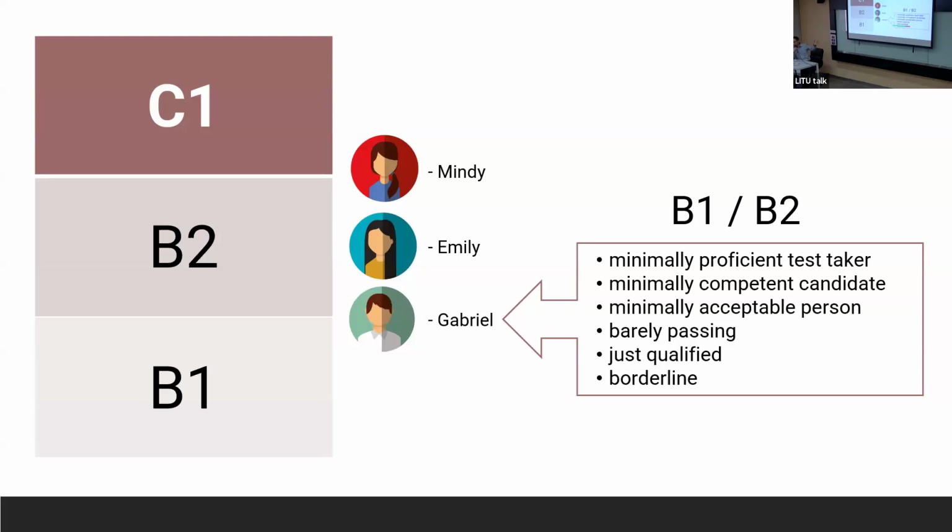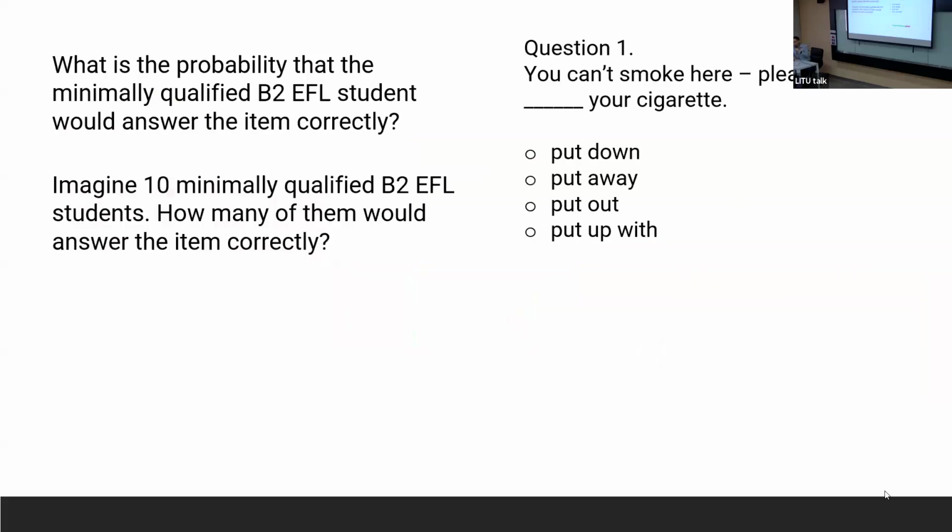It's the same expression for Gabriel. He is just past B2. So that's your job. What is the probability that the minimally qualified B2 EFL student would answer this item correctly?